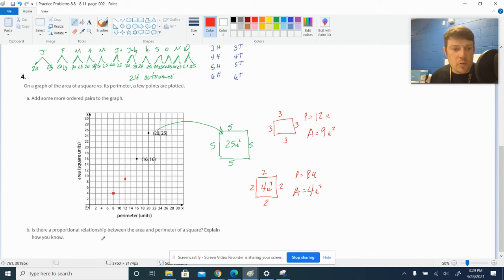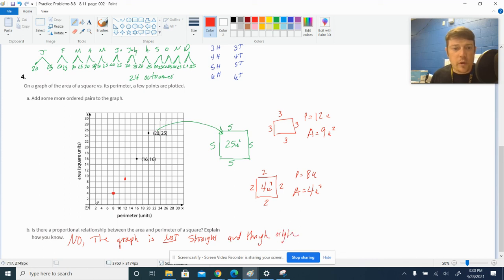Is there a proportional relationship between the area and perimeter of a square? No, there is not a proportional relationship. How do I know this? I know this because the graph is not straight and through the origin.